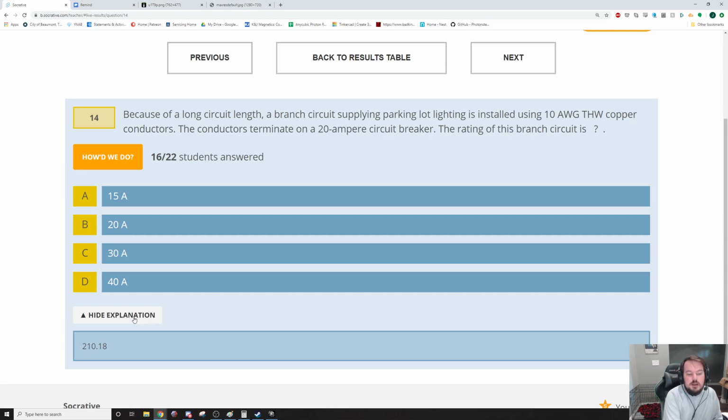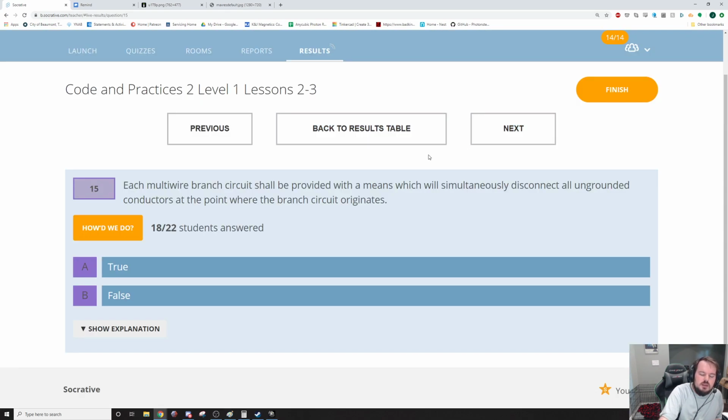Branch circuits, then branch circuit ratings. And basically it's saying that the rating of the branch circuit is basically the weakest link. The breaker is what sets the rating of the branch circuit. This doesn't have to do with the 80% factor. The 80% is based off of the rating. It's a chicken and egg situation.